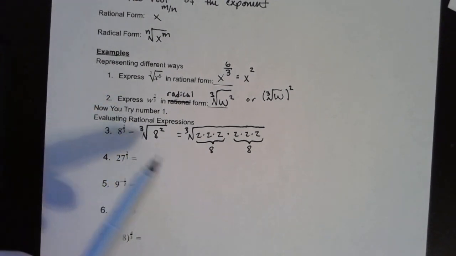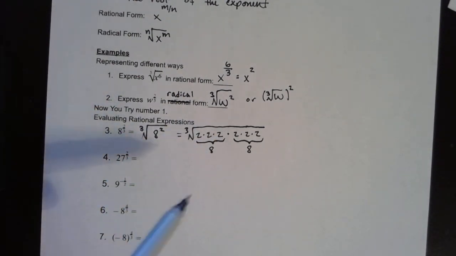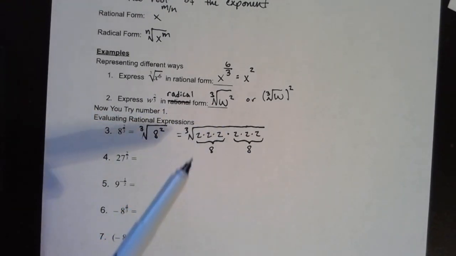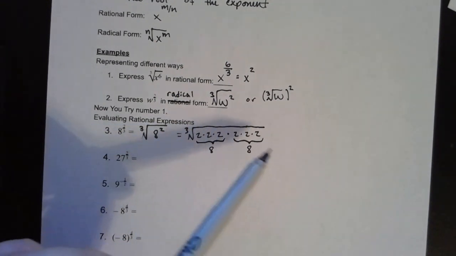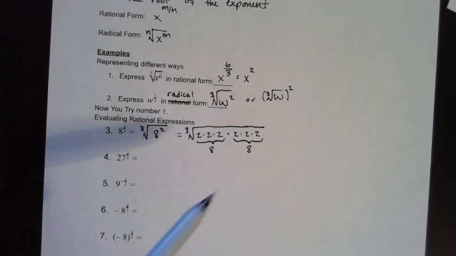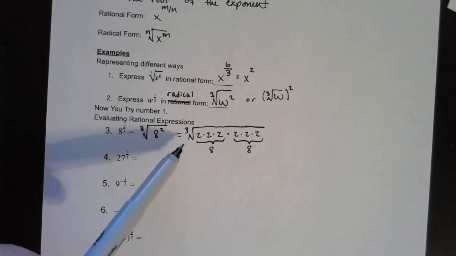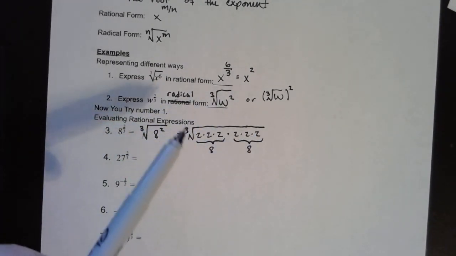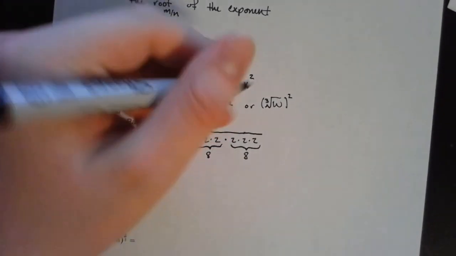So 8 squared is really 8 times 8. And I went ahead and expanded this, did the prime factorization of this. So 8 is 2 times 2 times 2, times another 8, which is 2 times 2 times 2. Now the reason I'm doing this is because this makes me able to find what the third root is. Since this is a third root, I need to pull out groups of 3.